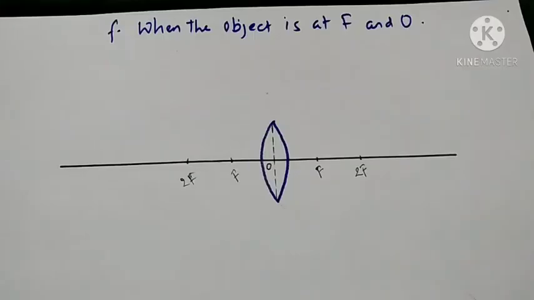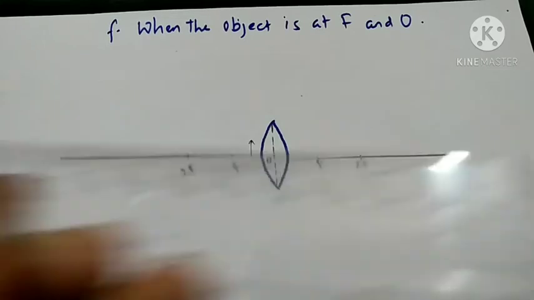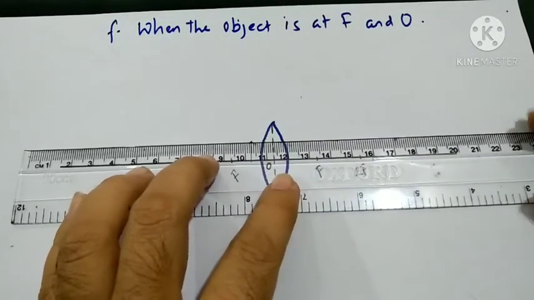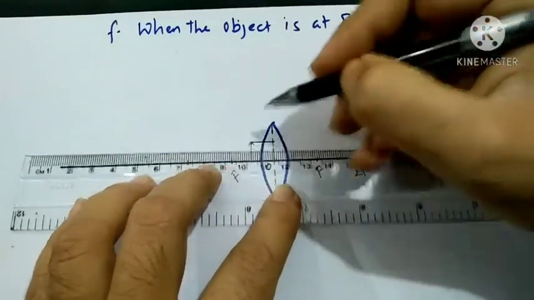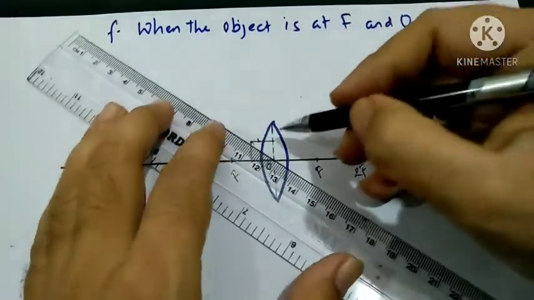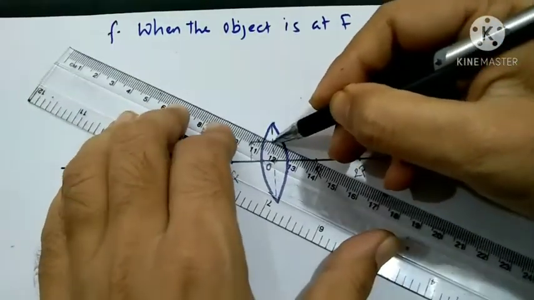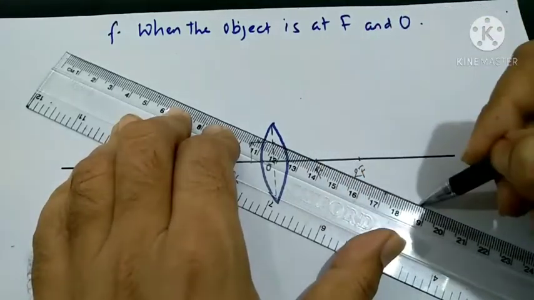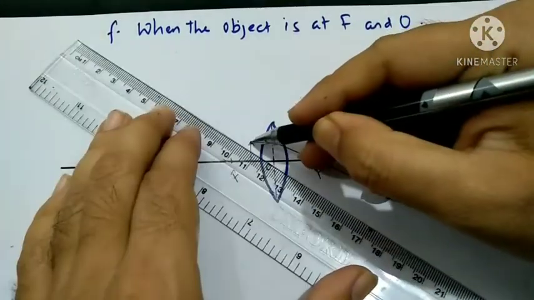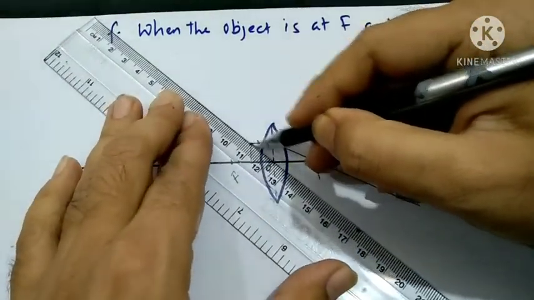Now friends, when the object is between F and O, two light rays emerge from the object. After this it passes through focus. Another light ray passes through the optical center.